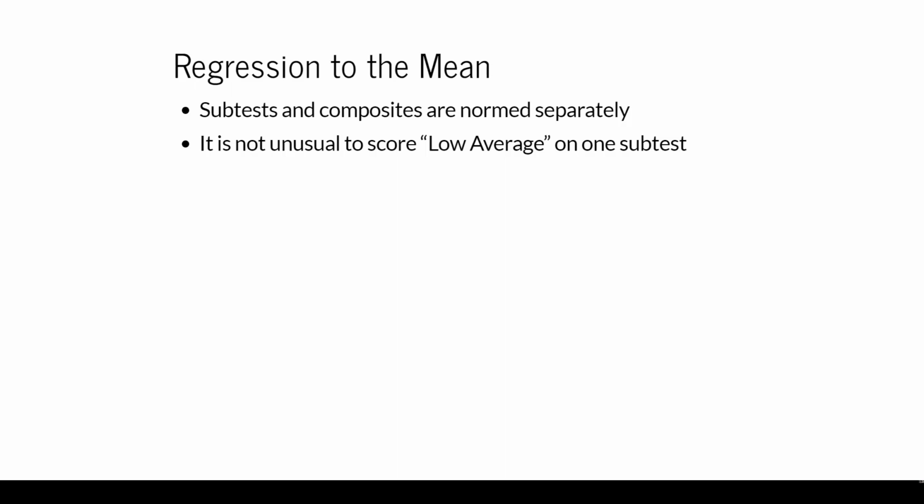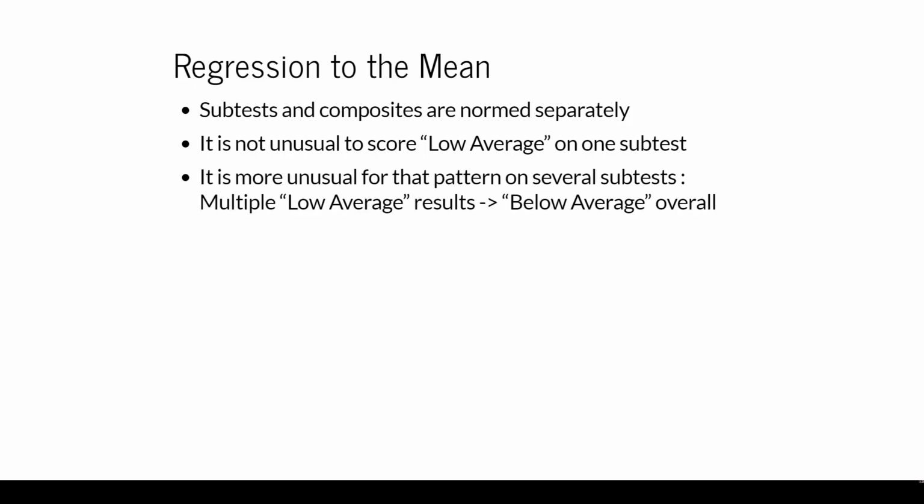It's not unusual for a person to score below average, like an 8, which is at the low end of average on one subtest. What is more unusual is for that pattern to repeat on several subtests.